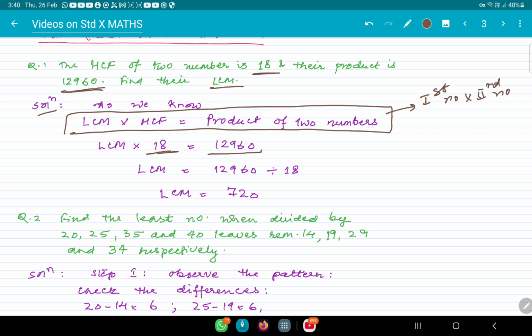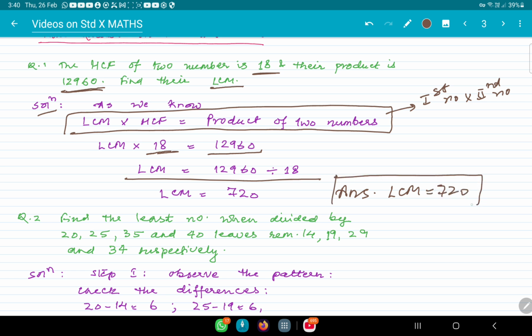But here your question is already saying product of two numbers, so directly put the product of two numbers, 12960. So just by doing simple maths you will get LCM is equal to 720. So now put your final answer in a box. Answer: LCM is equal to 720, enclosed in a rectangle.